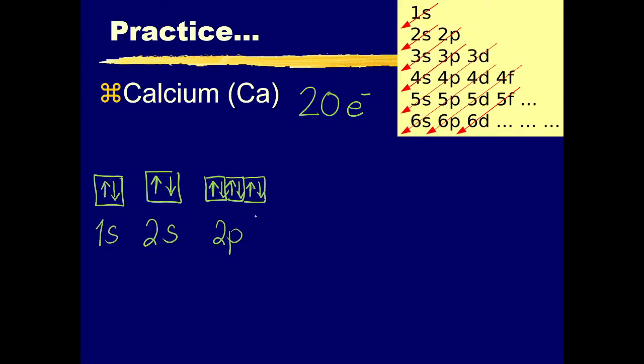Unsay sunod ni 2p, 3s. Fill it up, na natay 12 ka electrons na butang. Unsay sunod ni 3s, 3p. 1, 2, 3. Nanatay 12 ha. 13, 14, 15, 16, 17, 18 electrons na atong nabutang. Unsay sunod ni 3p?